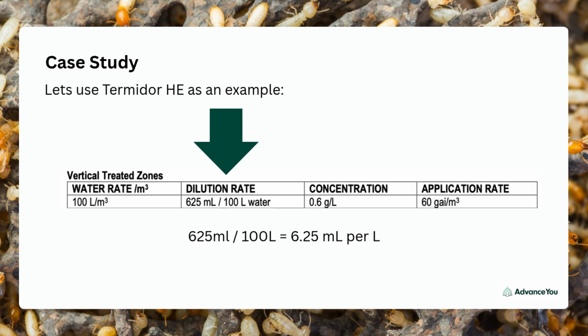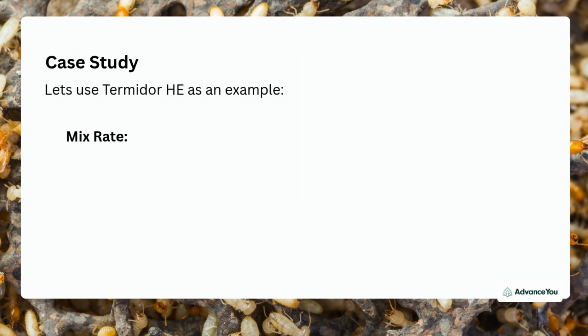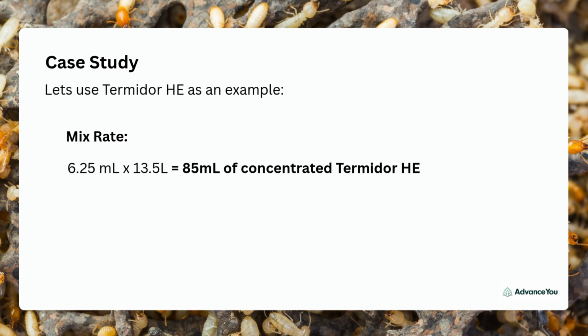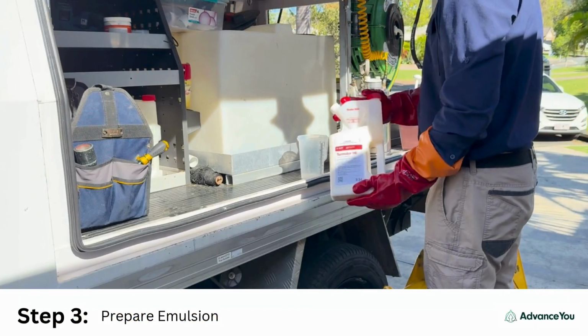So you need to divide 625 millilitres by 100. You now need to calculate your mix rate. So 6.25 millilitres times 13.5 litres, which is your required volume, equals 85 millilitres of concentrated Termidor HE.